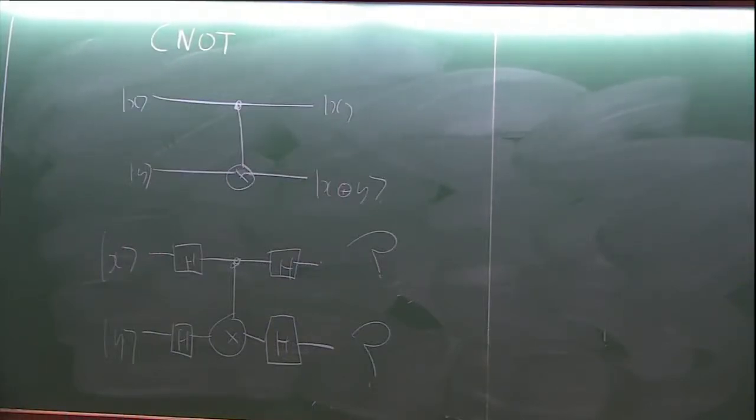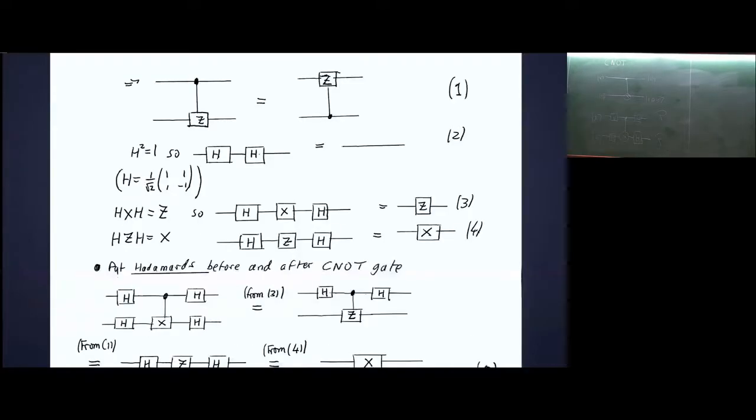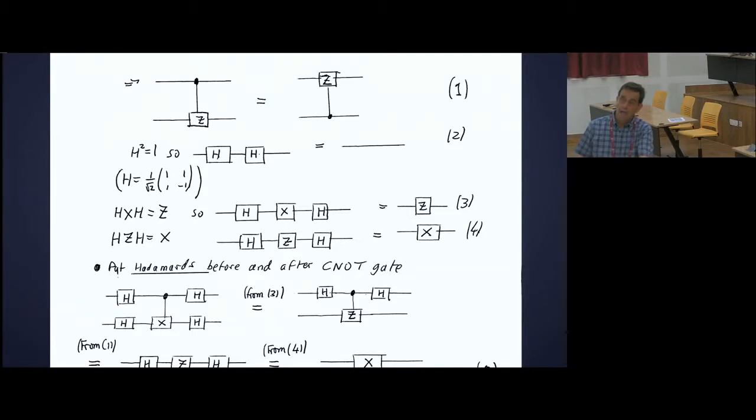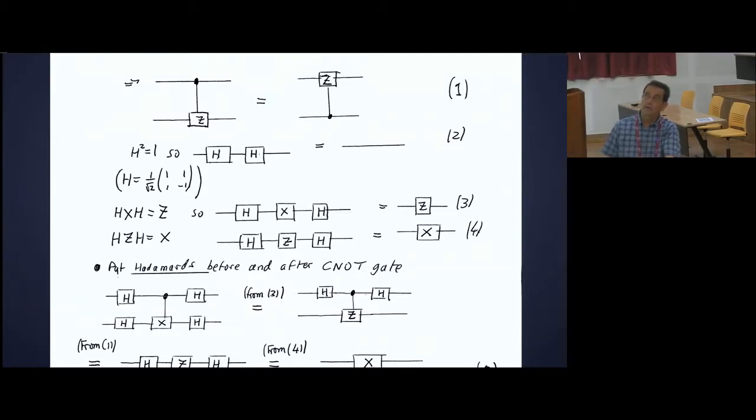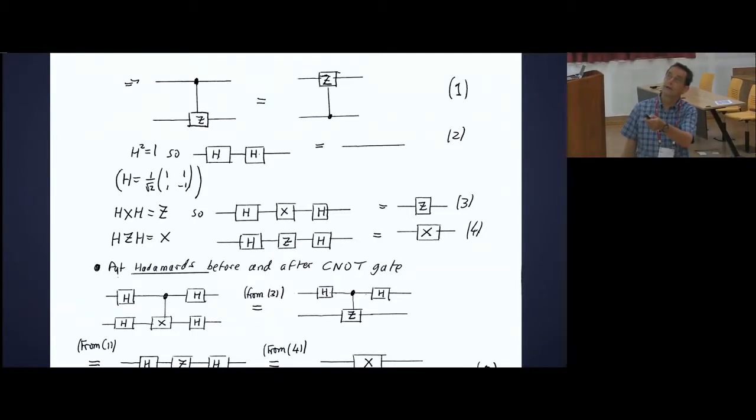This handout is on the website that I mentioned earlier. So you see, we have H, X, H. We know how we can simplify that. H, X, H, that's the same as a Z. So I can delete the two Hadamards on the lower line and replace this with a control Z. So that's using this equation 3 here.